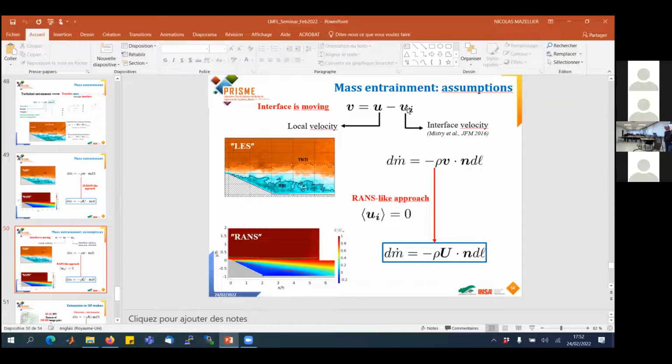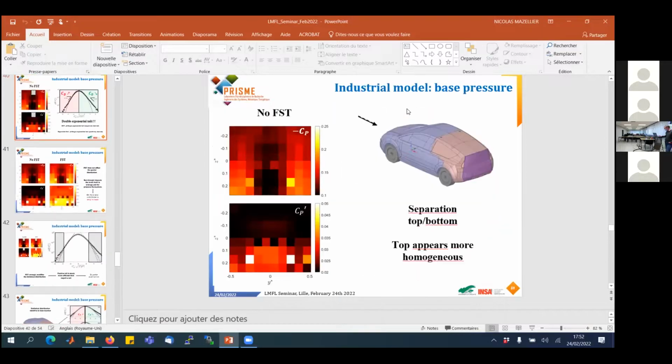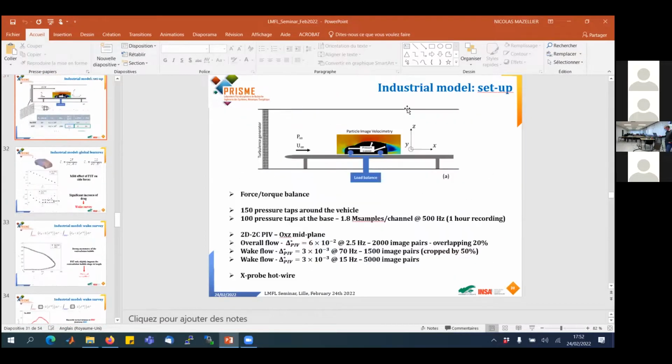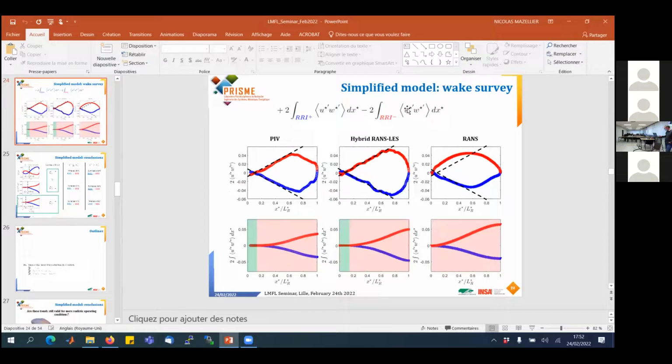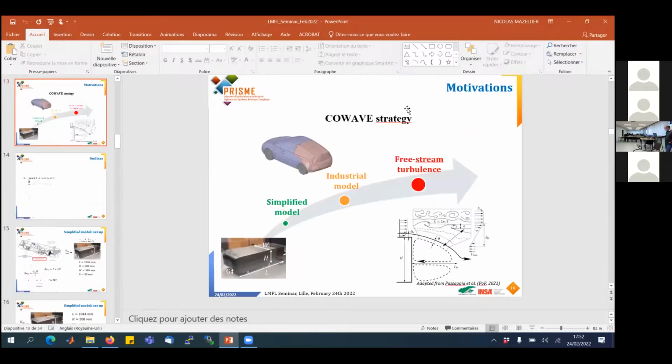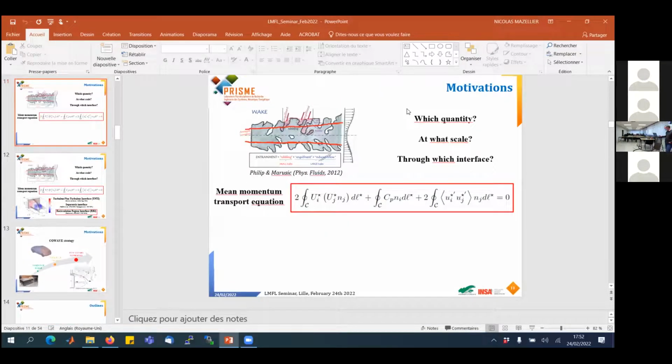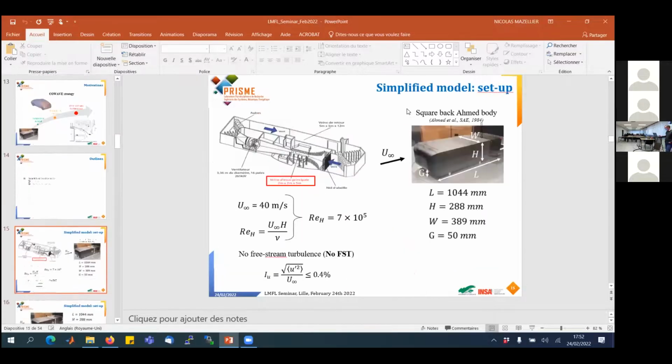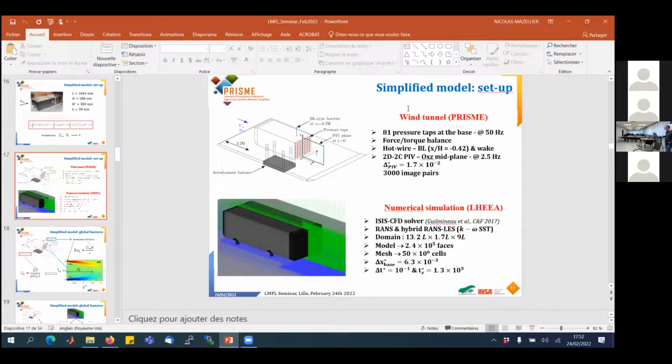In fact, two questions about the numerical method that you use. So you mentioned you use the hybrid and then the RANS method. I imagine that the hybrid will be more expensive than the RANS method. Sorry, I missed your point.